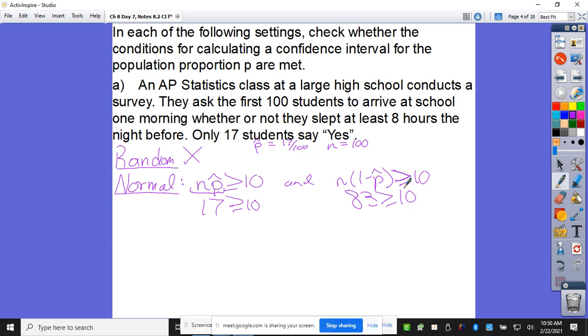And then I would continue on to say there are at least 10 successes and failures. You need to write that out, but I don't want to spend time writing that out right now.